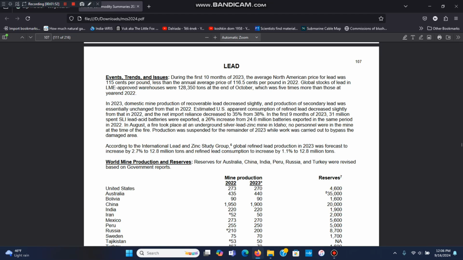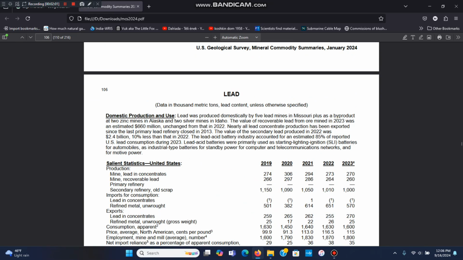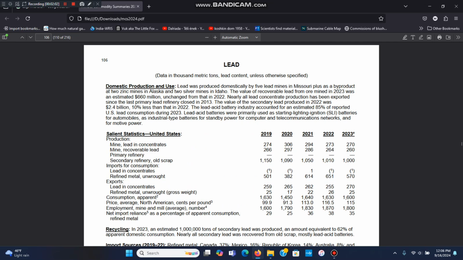Let's just jump at random. Lead, there we go, for example. So there will be 2 pages for each. The first page will be, this is the first page actually, sorry. The first page will be US data, and it will show in 1,000 metric tons for lead's case. It will show back about 4 or 5 years of mining data.